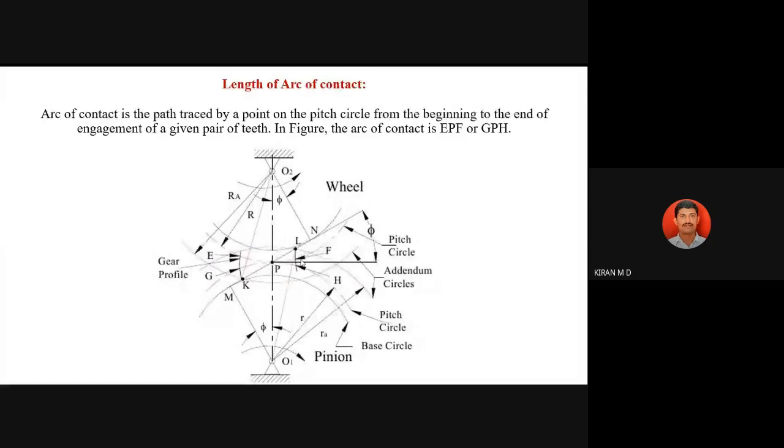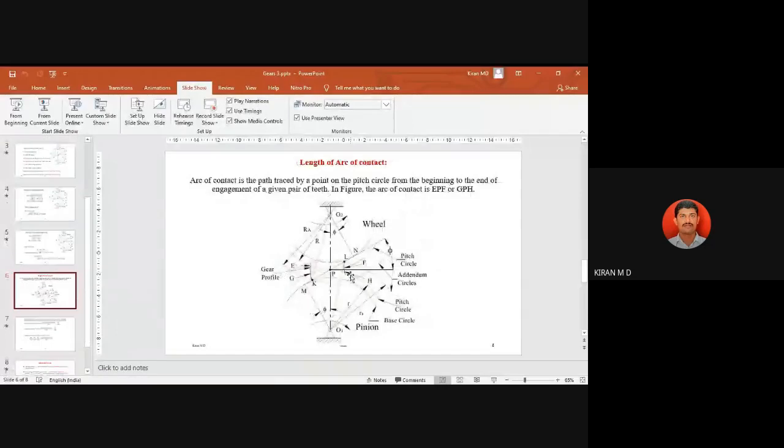So the length of path of contact divided by cos phi. Now see the teeth lines here. This is the engaging point, this is the disengaging point, and this is the length of path of contact. So the length of arc of contact is either GPH or EPF. Is it clear? Yes, sir. Okay.